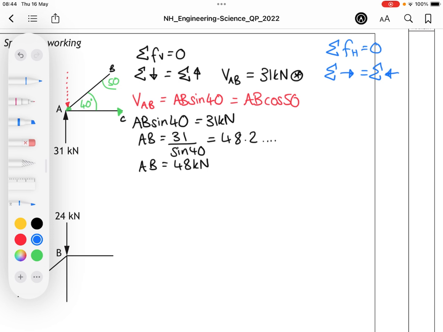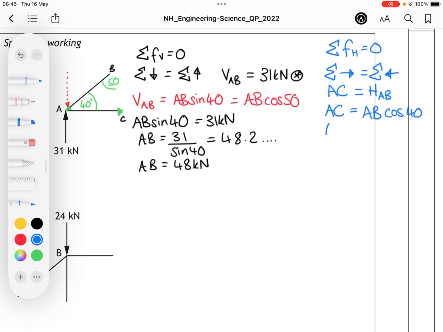And so here we can say that all of AC is horizontal, so all of AC is equal to the horizontal component of AB. I don't know anything about AC, so AC is my unknown, and that is equal to AB cos 40, or you could write AB sine 50, if you like.